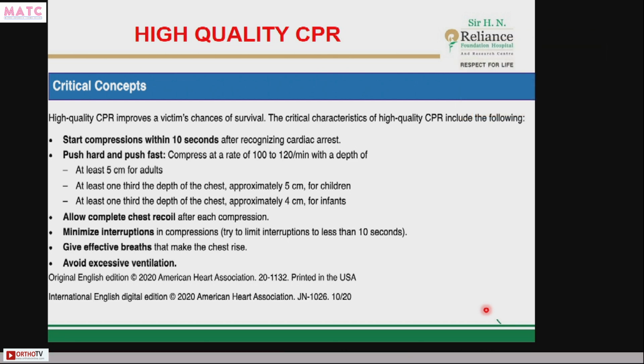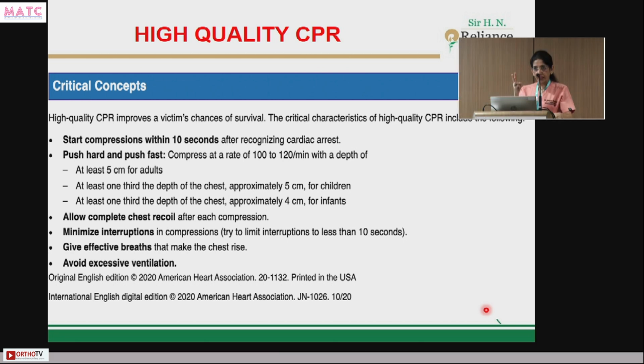So the quality of the CPR has to be very, very effective. As we discussed earlier, give 5 cycles of 30:2. The compression has to be high quality compression. So push hard, push fast, 100 to 120 per minute, and it should be 5 centimeters in adults and 4 centimeters in infants.